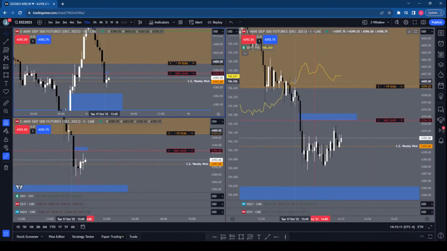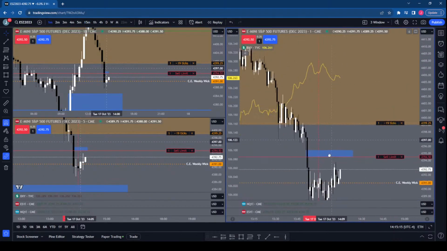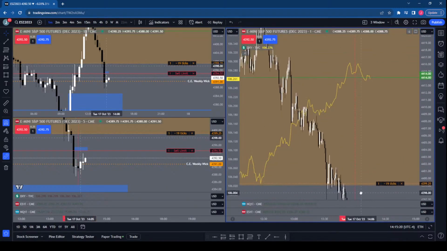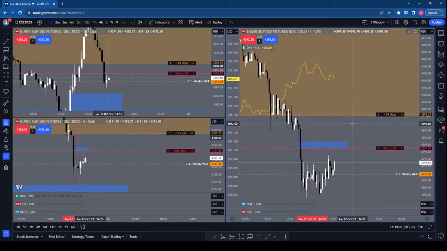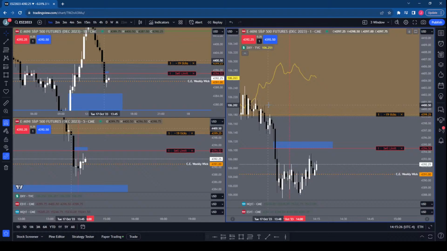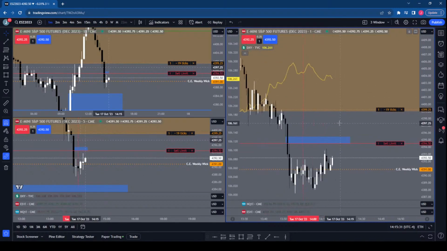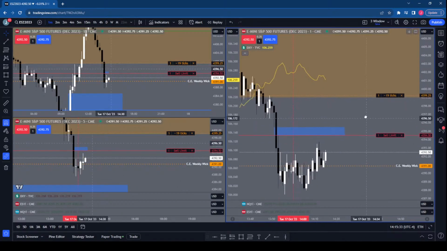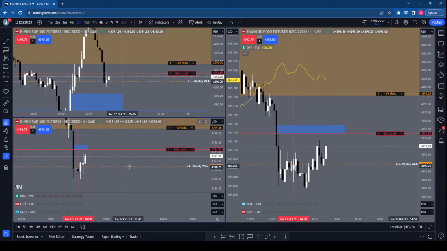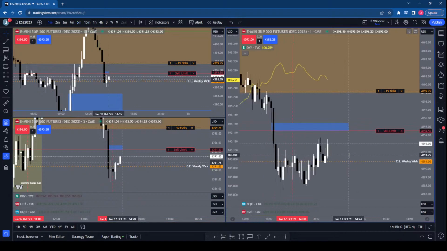Also, if we were to get above this high right here, that'd be enough for me to try and go long. And if we were to get above that high, go long, and then just come right back down, I'd think that'd be some seek and destroy, sloppy price action that I'd be fine just walking away from.